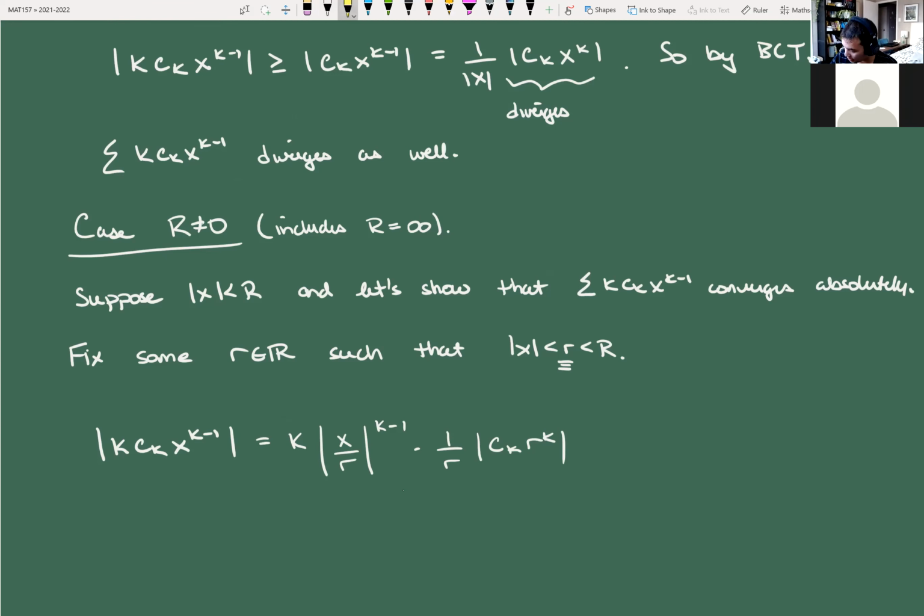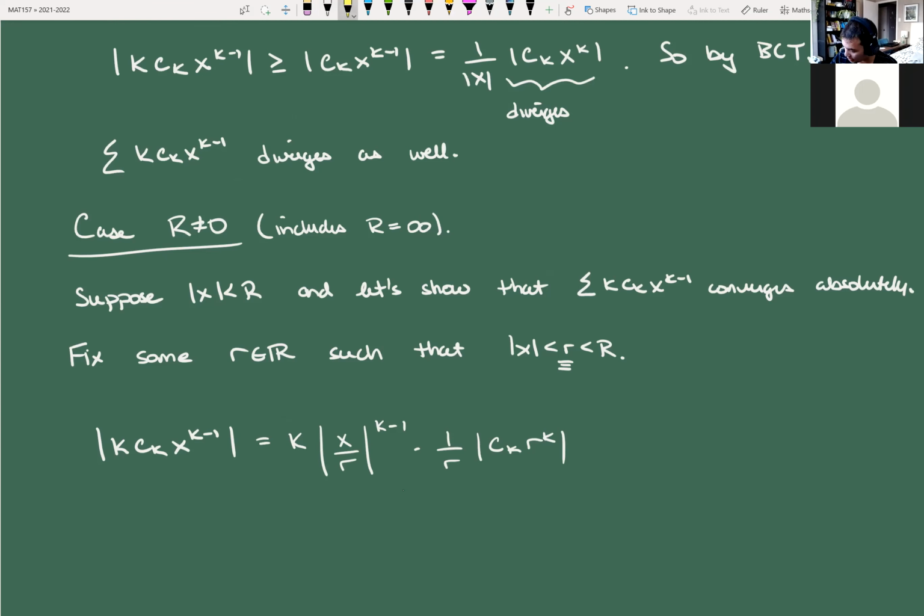Now, the problem is that we don't actually know whether or not this thing goes to 0. So we need to show that this thing goes to 0. That's going to be surprisingly tricky to do directly. So what we're going to do is show that the infinite series with this thing converges, and that will tell us that the sequence goes to 0, which seems like a weird way of doing things, but whatever works.